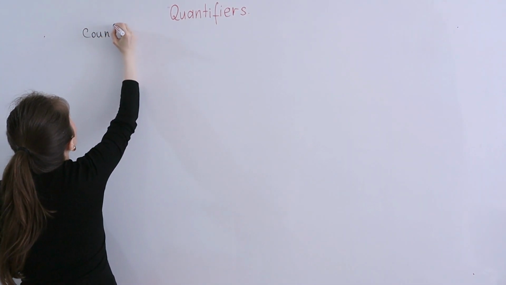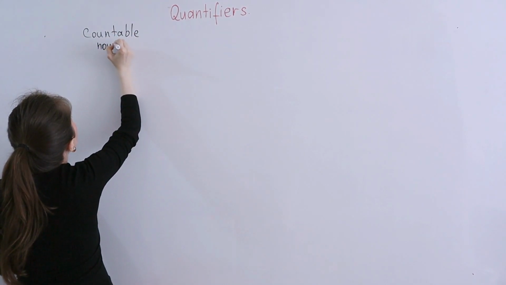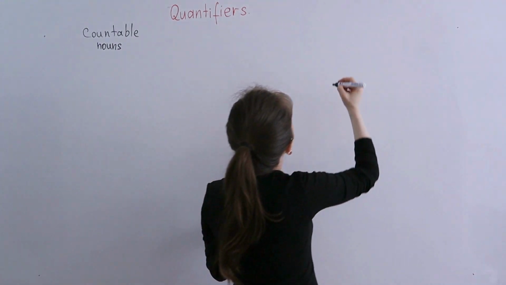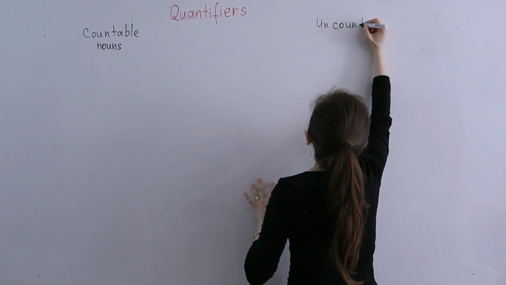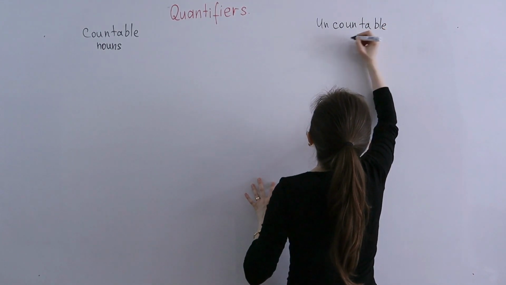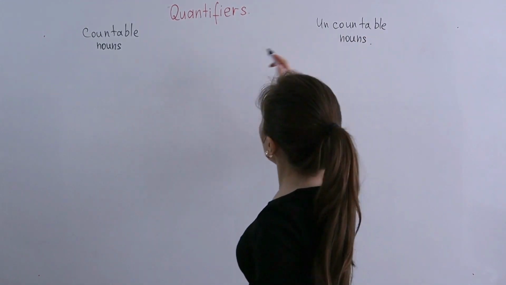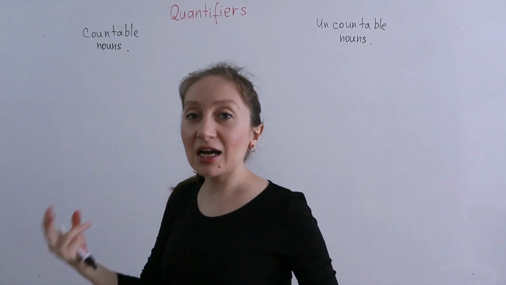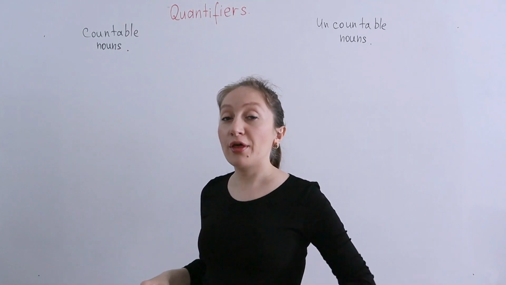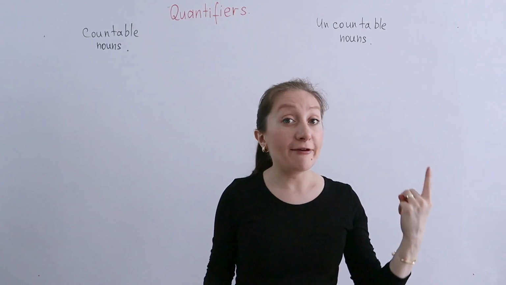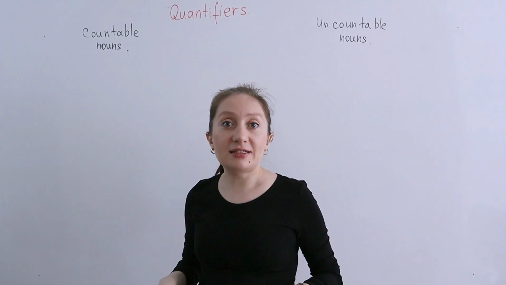So countable nouns and uncountable nouns. Right? So countable nouns, you can count them. 1 book, 2 books, 3 books, a friend, 2 friends, 5 friends, right?